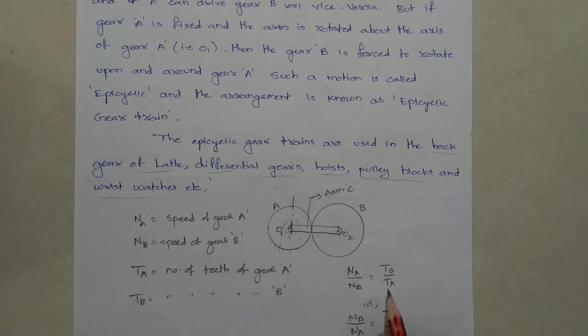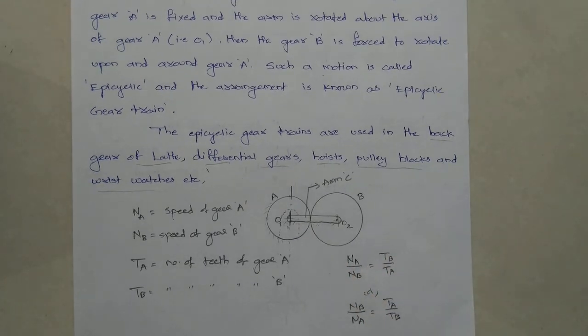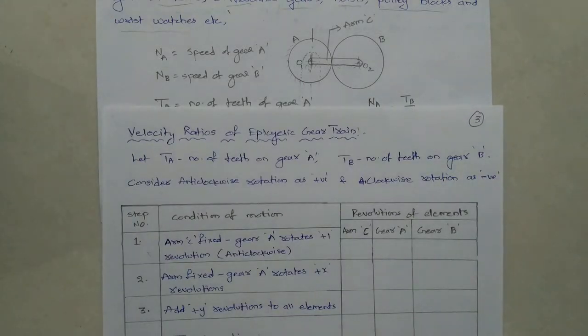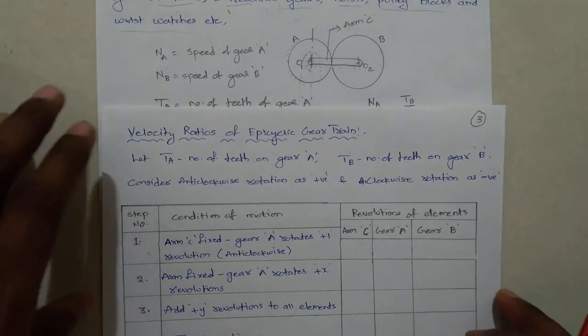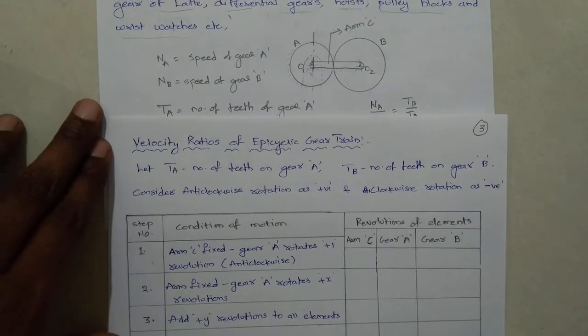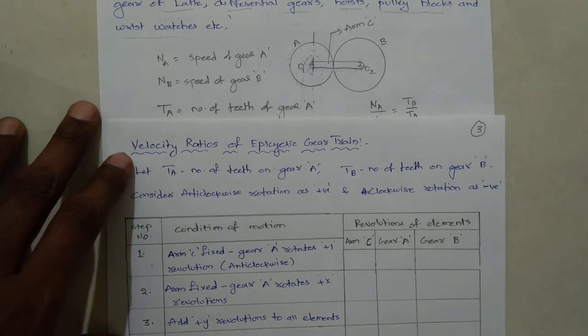So I have written this in order to remind you once again, because we use these formulas in the following topic, right? Now you can see the next one is velocity ratios of the epicyclic gear train. So how to find velocity ratios? See here, what is the necessity of studying this topic?